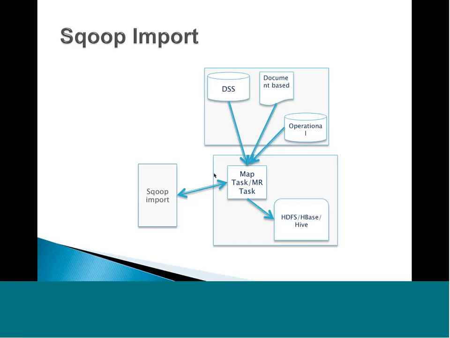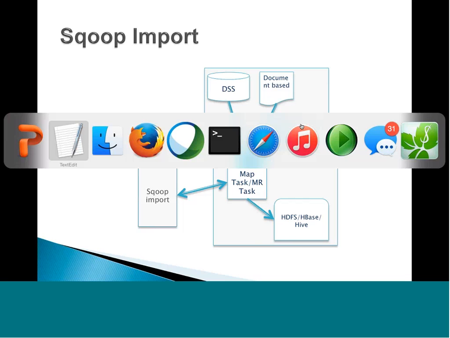Okay, so at the higher level, there are two main commands in Sqoop. One is import. Import will actually copy the data. That is the first thing which I have explained, if you have followed.